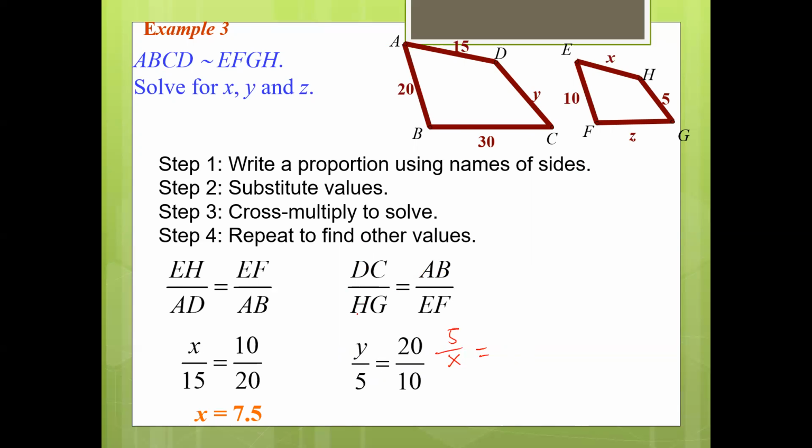So y over 5, since y is the unknown and 5 is HG. Do cross multiplication. 5 times 20 is 100. We get 10y equal to 100. Divide both sides by 10, you get 10. Right?